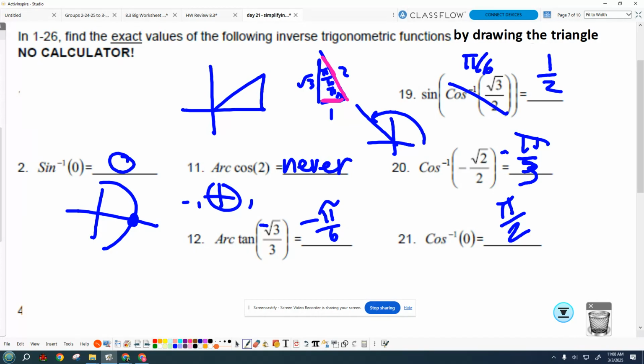So this one's not right. What angle makes cosine root 2 over 2? Pi over 4. What is pi over 4 in quadrant 2? So this reference angle is pi over 4. A whole pi, 4 pi over 4 minus 1 pi over 4, is 3 pi over 4.